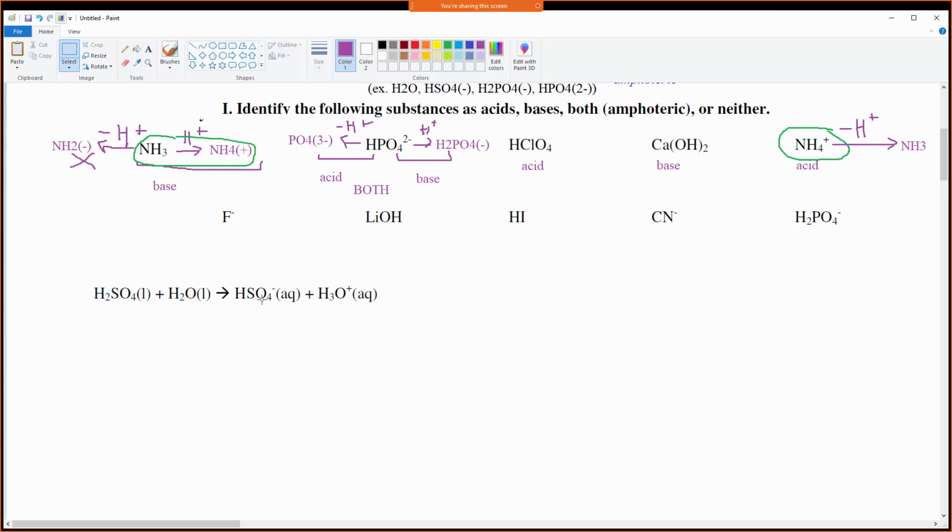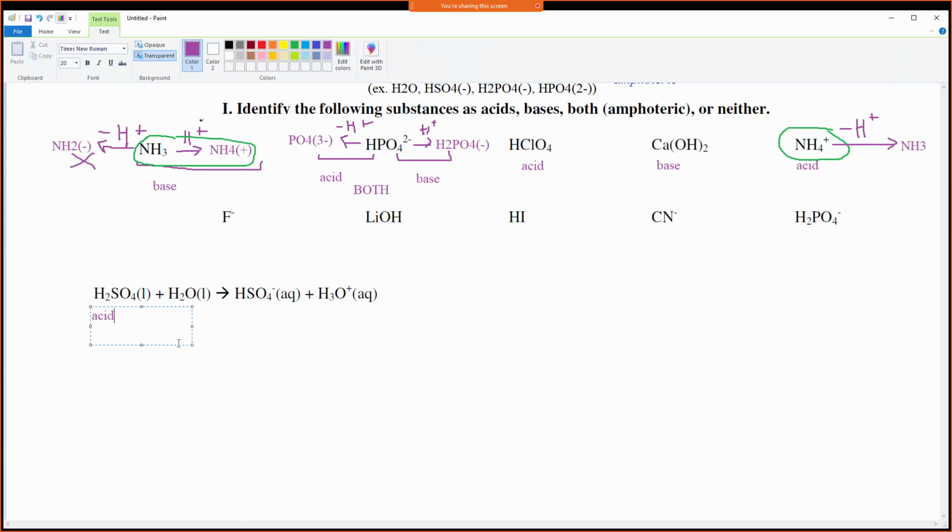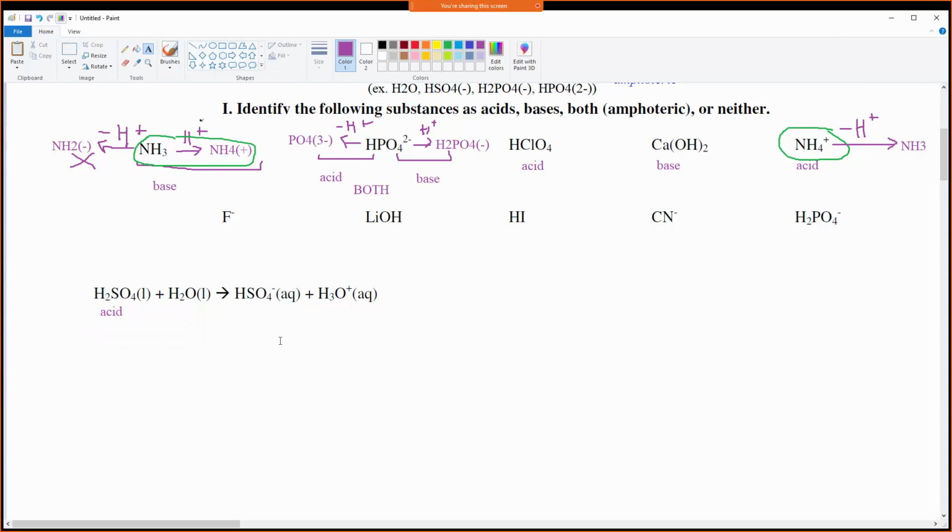So let's analyze this reaction and see if we can identify what is accepting a proton here, what is donating a proton here. Can you guys tell me which of these two things is acting as the acid? H2SO4 is the acid. It helps to know that this guy couldn't act as anything else. He doesn't have a negative charge, and there's only 2 neutral species that could ever act as a base.